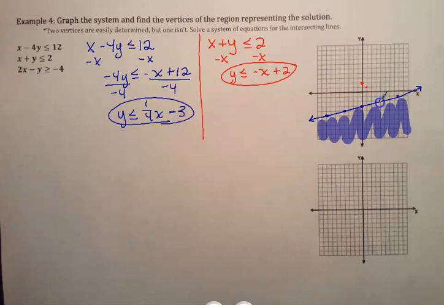Or you could go down 2 and right 2 to make it a little faster. Or you could do 3. But again, I try to do so many points to make sure I'm accurate. Because see, right here, we should be able to see our point of intersection. It's less than or equal to, so a solid line.